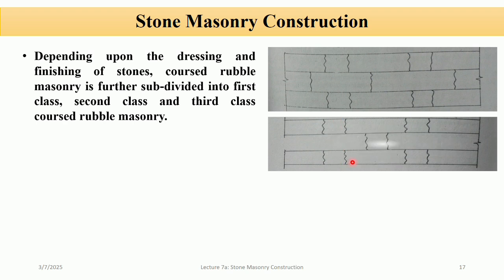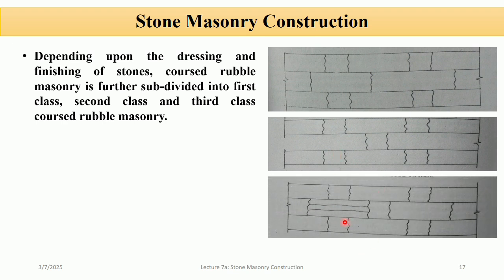In the second class of coursed masonry, the stones we use are of different heights, as you can see. And in the third class of coursed rubble masonry, the stones used are also of different heights, and therefore all the courses are not of equal height.